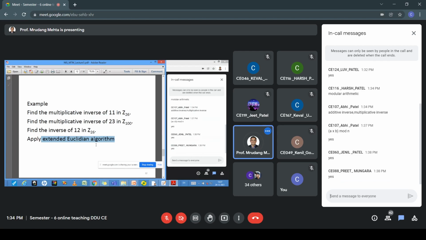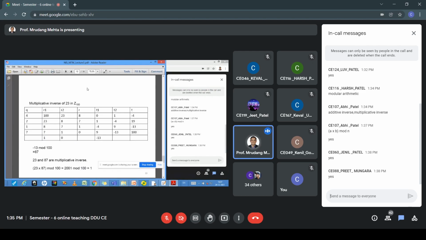We had seen it in the context of 23. For 23, we found with the extended Euclidean algorithm the multiplicative inverse of 23 in Z100. So R1 is 100 and R2 is 23, with quotient Q and remainder R. By applying the same process, finally we get 1.